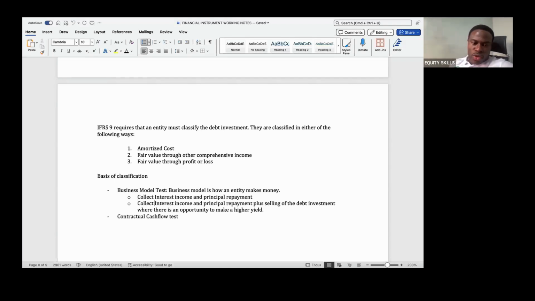So the second one talks about contractual cash flow characteristics. This is saying that there must be a contract that supports how the entity makes money.